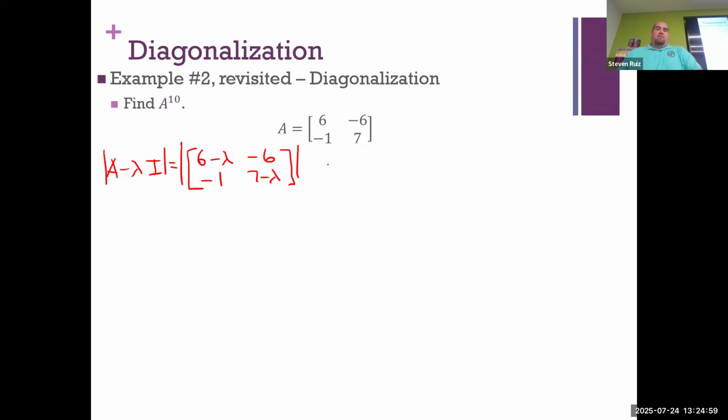Take the determinant of this thing. Minus 6 equals 0. Lambda squared minus 13 lambda plus 36.